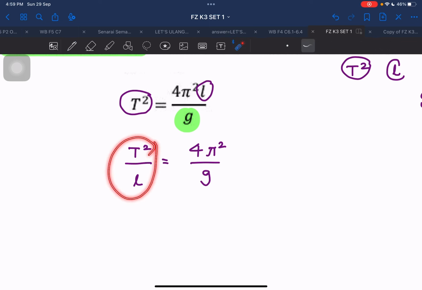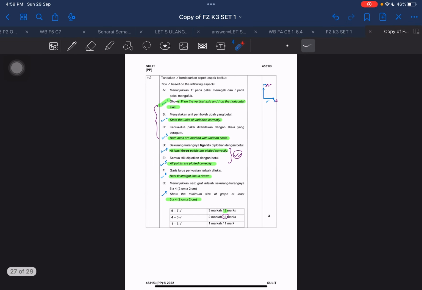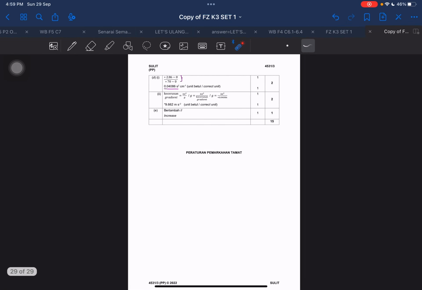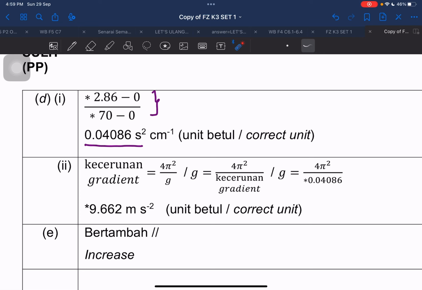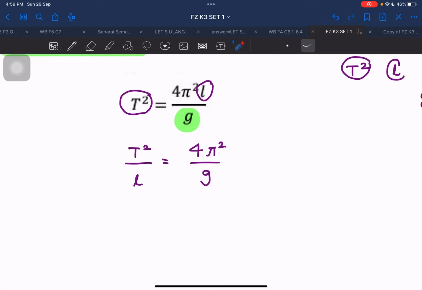So you use the value that you have just now for the gradient. Where is it? Here, we use this value, this gradient, 0.04086. Okay, so here is the gradient.